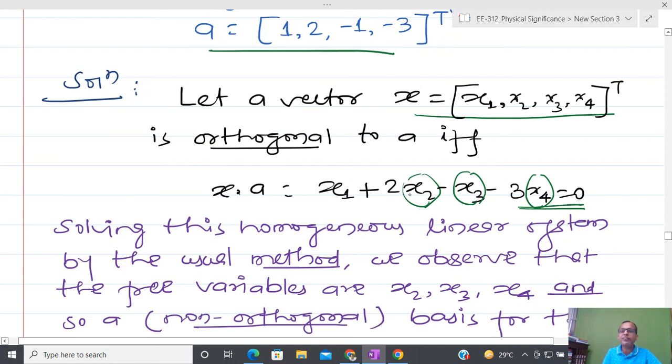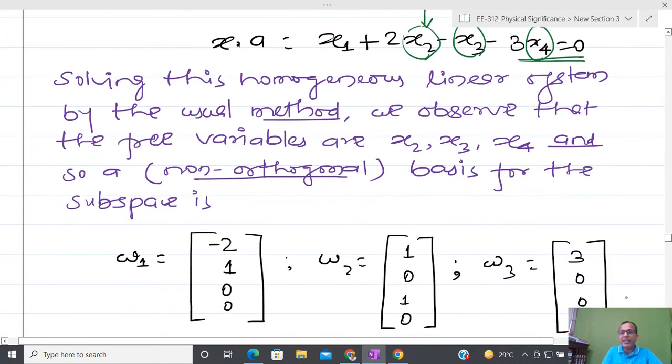Due to that reason, arbitrarily you can substitute x2, x3 and x4. Actually, this particular algebraic equation is the equation of this subspace. In order to create this subspace, I need only 3 basis vectors. Why 3?